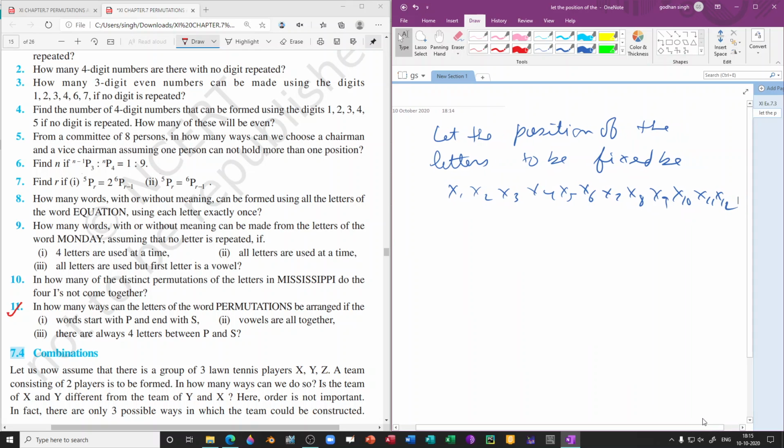So this is what we are getting. So x1 till x12, and now we can start one by one all the parts.